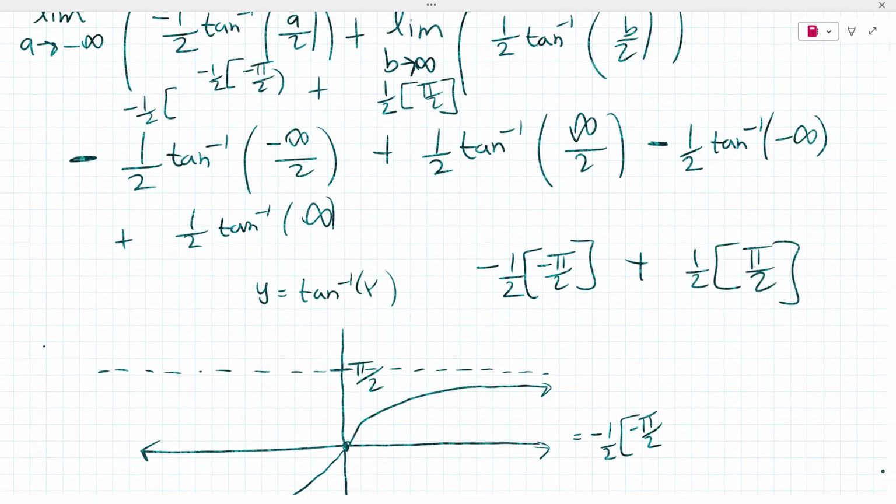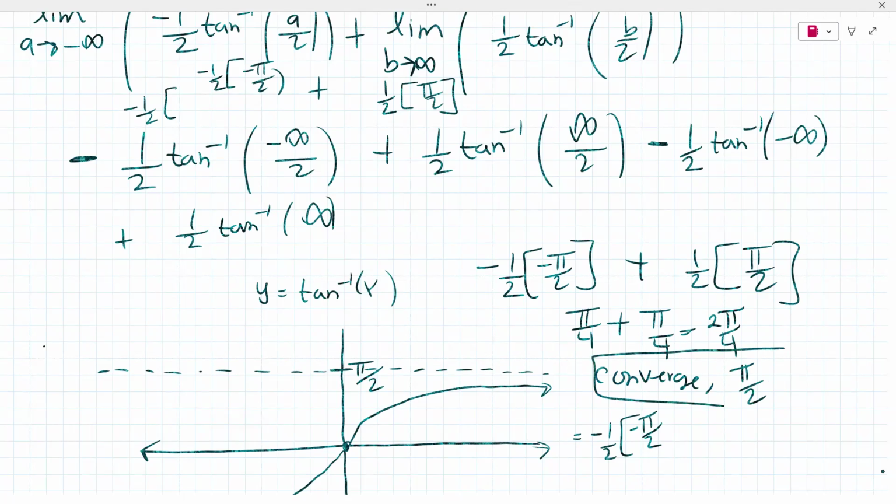So over here, negative 1/2 times negative pi over 2 is positive pi over 4, plus 1/2 times pi over 2 is pi over 4. So pi over 4 plus pi over 4 is 2 pi over 4. Then we know it converges, and it converges to pi over 2, right? Because 2 pi over 4 reduces by 2. So yeah, pi over 2.